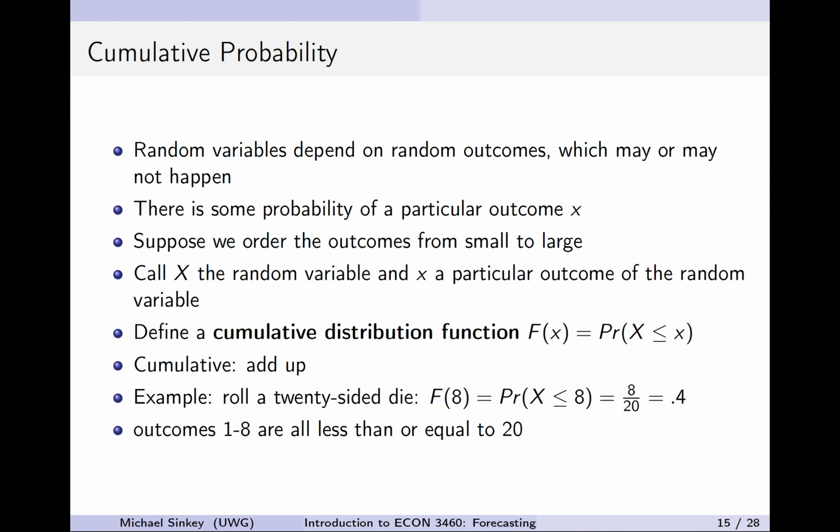What is the cumulative distribution function for f of 2? Well, it's 0.1, since 1 is less than 2, plus 0.7, since 2 is less than or equal to 2. That's 0.8. So we add the probabilities of all the outcomes less than or equal to x, and large f of x spits out that sum.